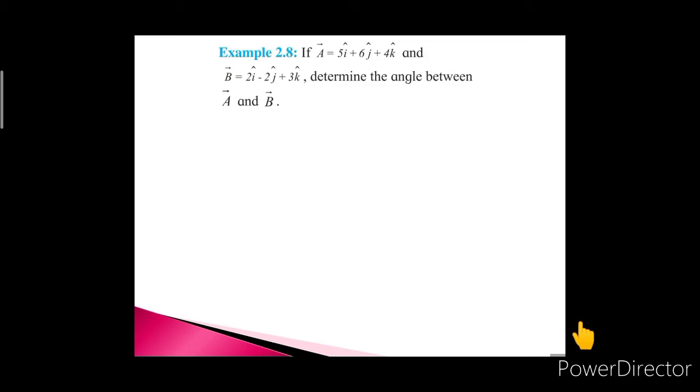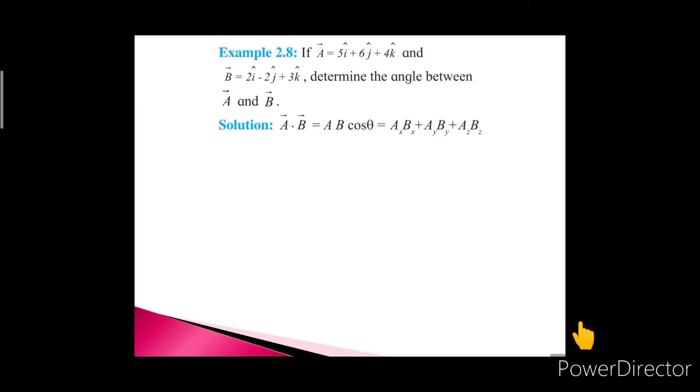If vector A is equal to 5 i cap plus 6 j cap plus 4 k cap, and vector B is equal to 2 i cap minus 2 j cap plus 3 k cap. Determine the angle between vector A and vector B. Now let's see the solution.